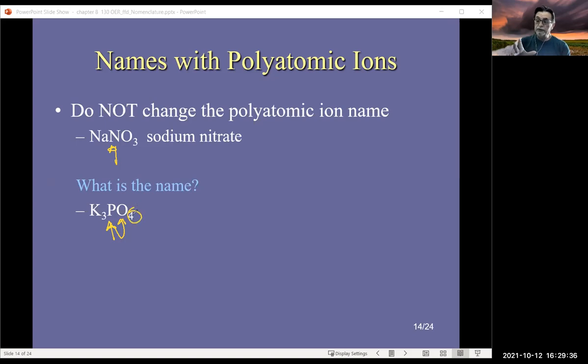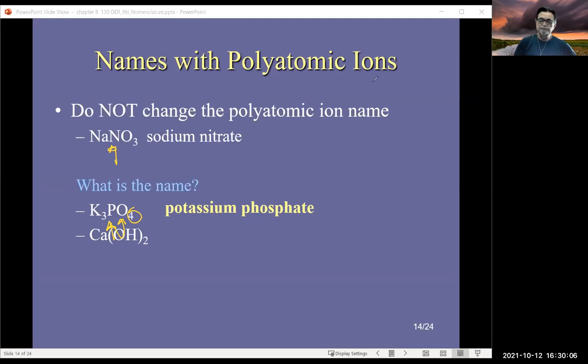So that should direct you to the polyatomic ion table, and you'll see that it is called phosphate. K is potassium, and you'll also notice that the phosphate ion has a -3 charge. So hence, that's why you have 3 potassiums, because each potassium is a +1.